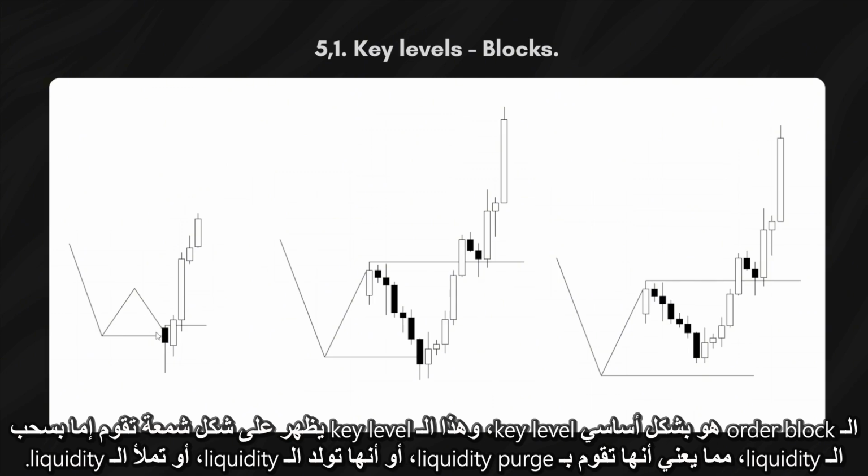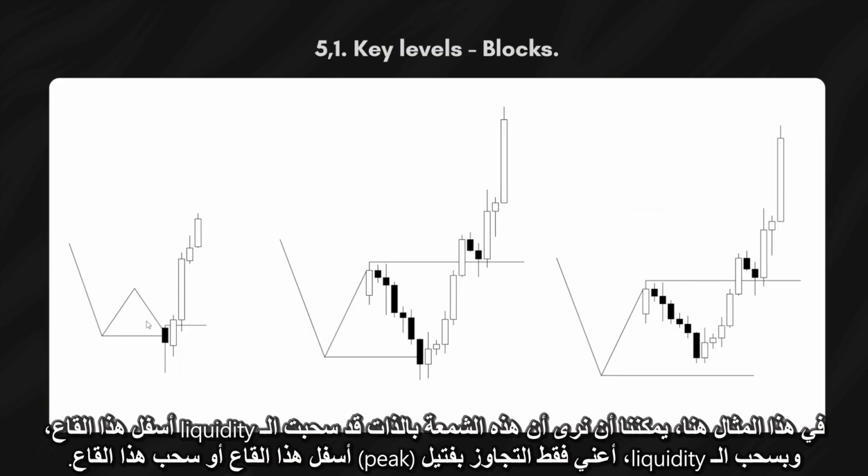So an order block is basically a key level that perpetuates itself in the form of a candle which either takes out liquidity, meaning it purges liquidity, or it generates liquidity, or it fills liquidity. In this example right here, we can see that this particular candle has taken out liquidity below this low.